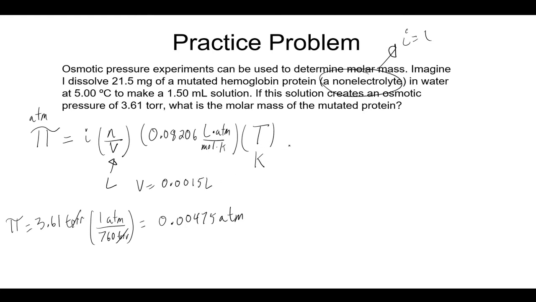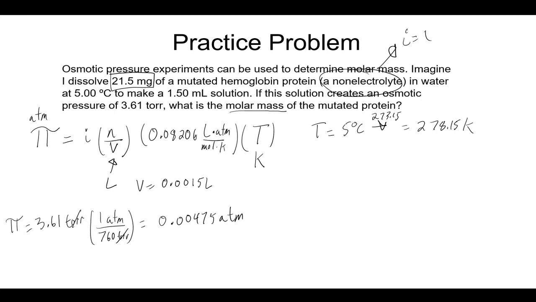Temperature in Kelvin, I'm given temperature in Celsius, so I add 273.15, and the temperature is now 278.15 Kelvin. So I have V, I have T, I have pi, I have i. The only thing I don't have is n, but that's okay because I'm figuring out the molar mass, which is grams per mole, and I have the milligrams.